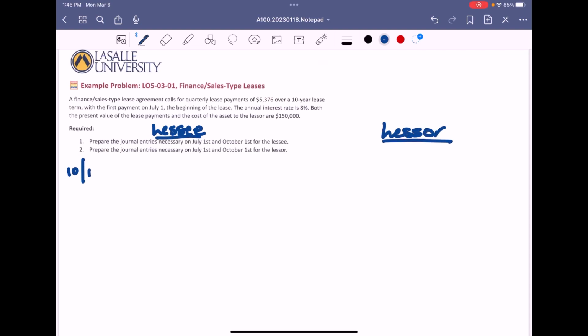I'll put this up a little higher so we have more room to write. We are going to reduce the lease payable, just like we did on July 1st. And we're going to credit cash, and the cash payment is, again, $5,376.